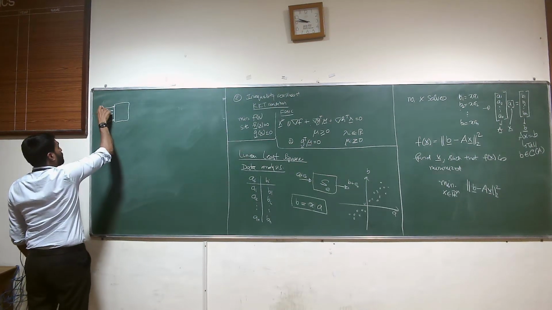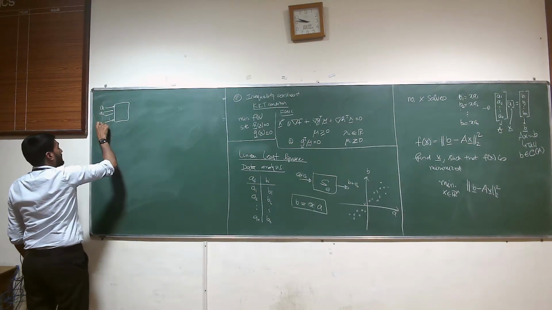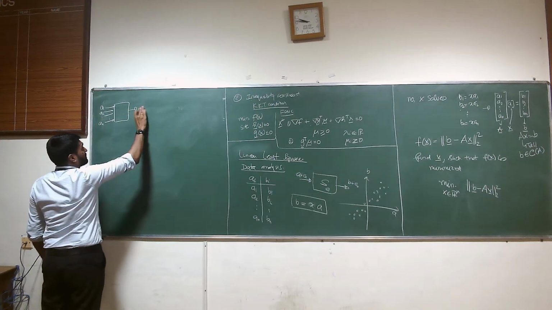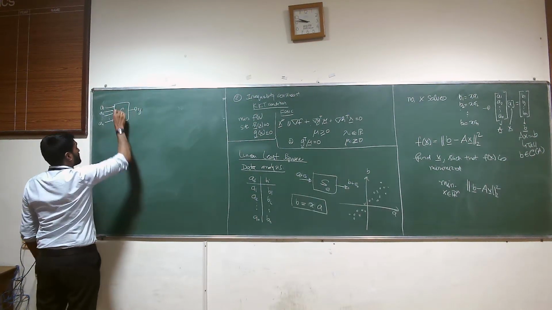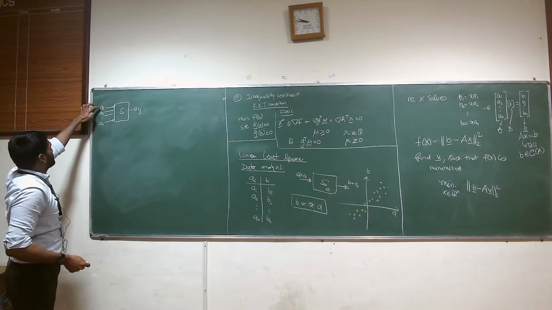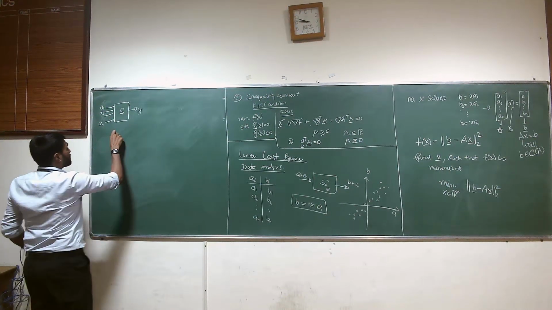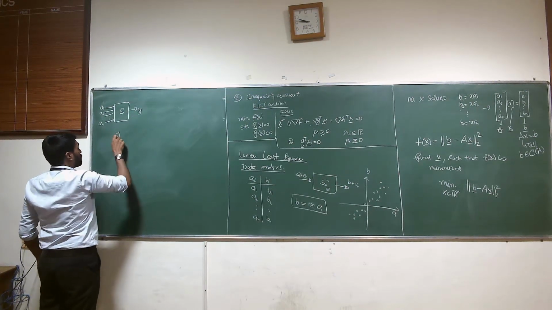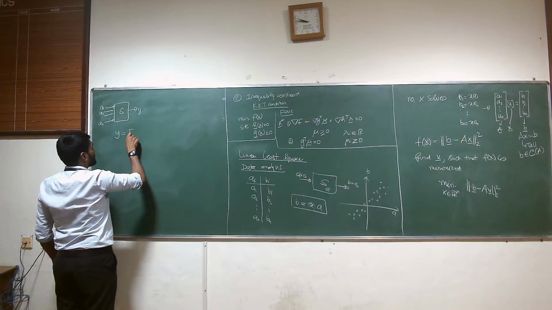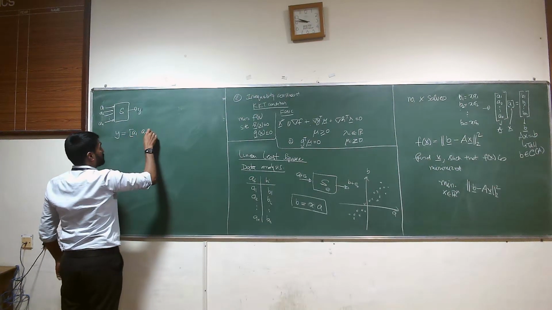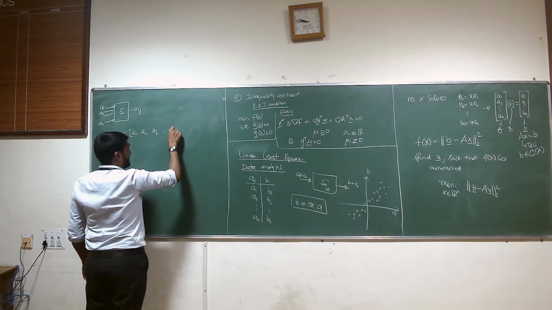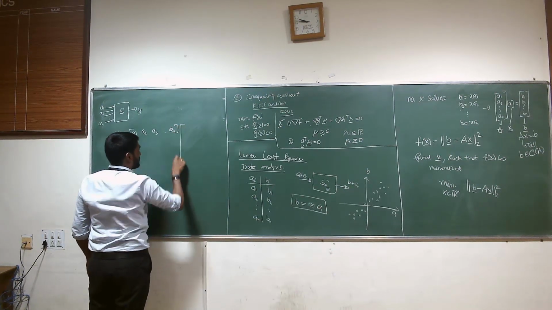There are n inputs a1, a2, an. This is your system y, and let's say there is a parameter associated with each of these. The model that you're building is essentially y equals a1, a2, a3, an multiplied by the parameters.